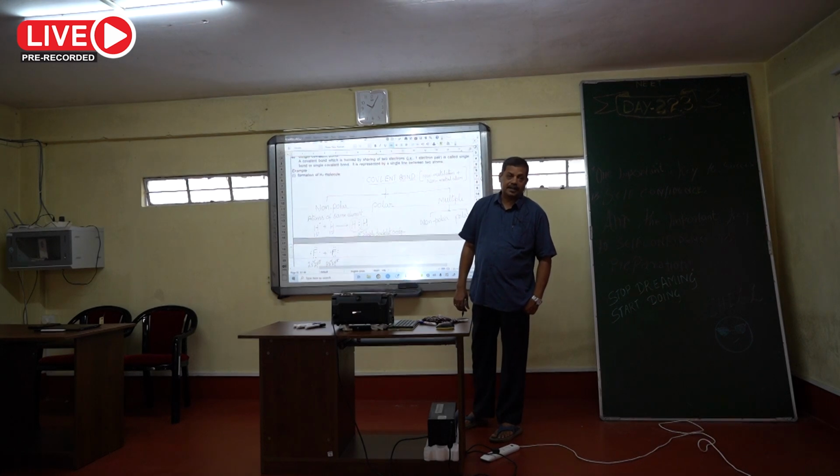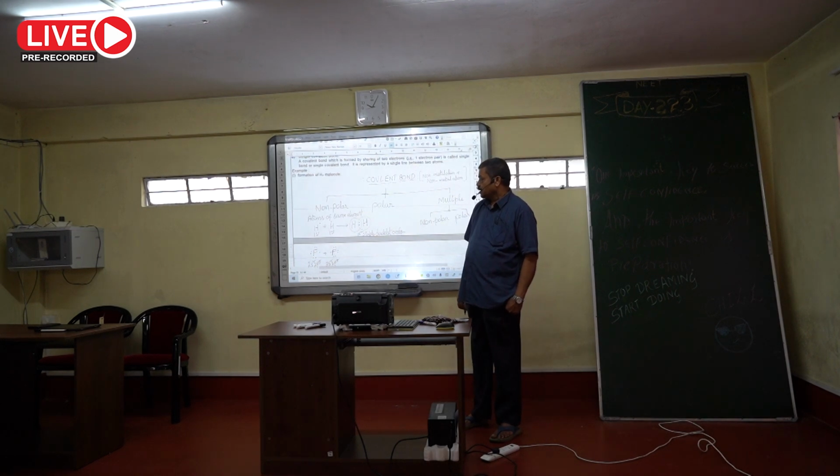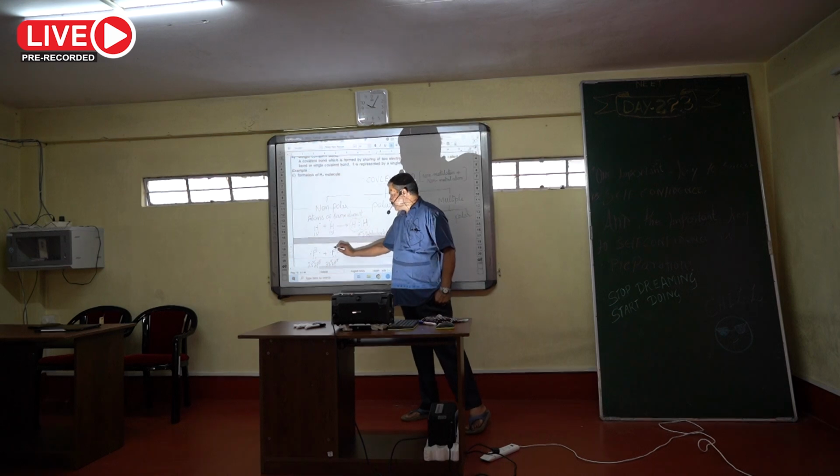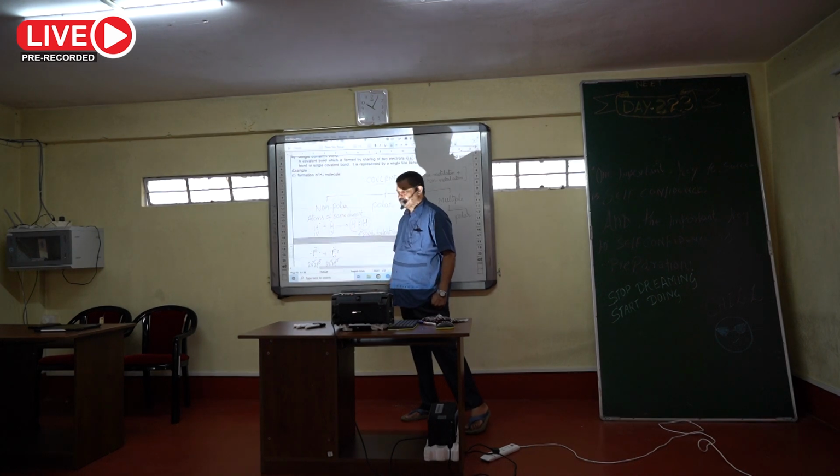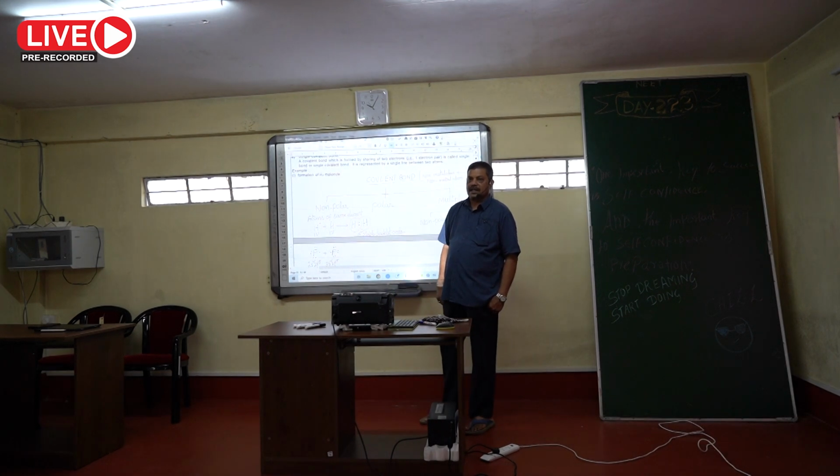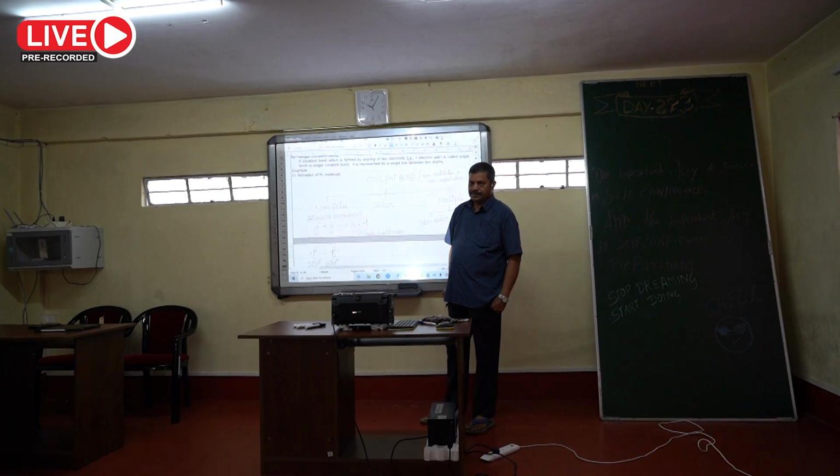Now each fluorine, I wrote 7 dots on that. Out of 7 dots, 3 are paired dots without bond, and 1 is a single dot. That is an unpaired electron.